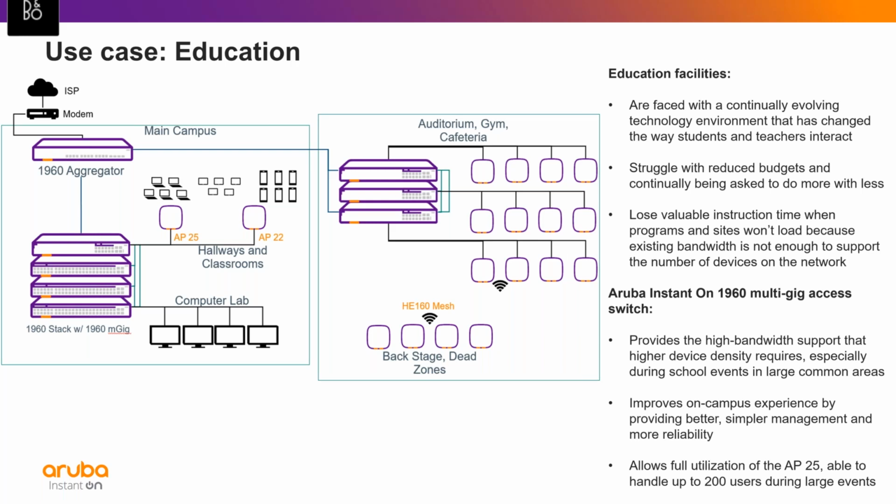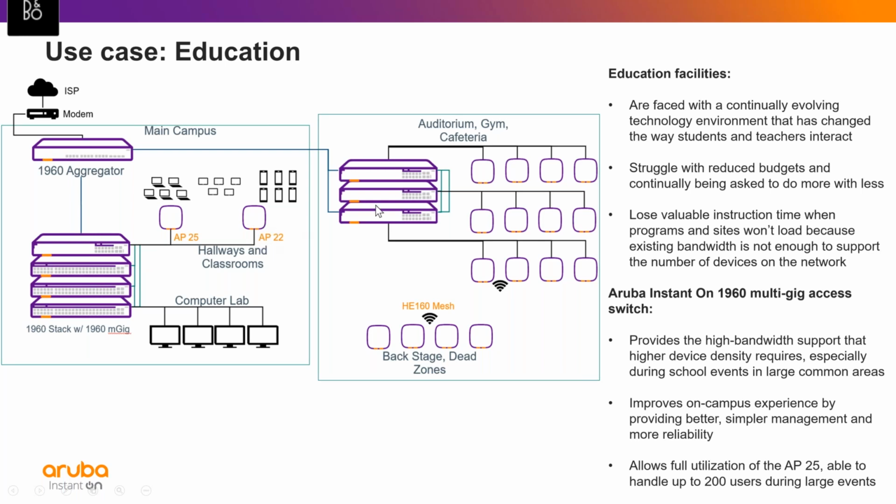In this case, we've got the 10 gig model of the 1960 really acting as an aggregator there in the main campus. We've got a stack of the other traditional 1960s, the regular ones that aren't aggregators, the access switches there, and notice in some instances we've got the AP25, and we have the ability to support that AP25 on the 2.5 gig ports on the new model, as you can see in an example there at the main campus, as well as the AP22.